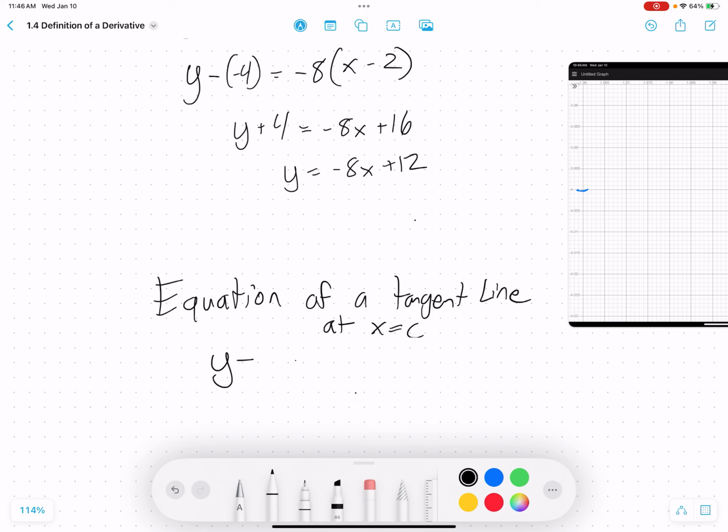Then you'll do y minus your y value, which is just your function value at c, equals your slope, which is the derivative at c, or the instantaneous rate of change at c, times x minus c. And that's your equation. That's how you can find the equation of a tangent line.